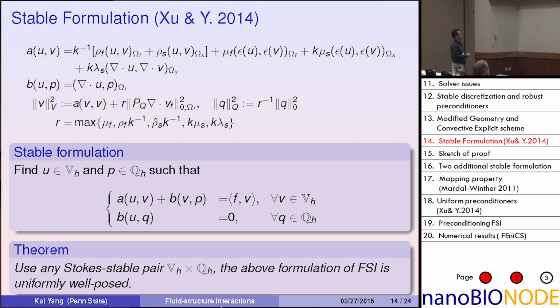Here, we add this additional div term, and the parameter R is the maximum of a list of parameters. We can prove that as long as the finite element pair is stable for Stokes equations, then this formulation for fluid structure interaction is uniformly well posed with respect to all those parameters.